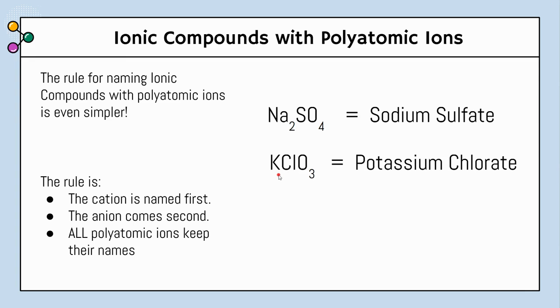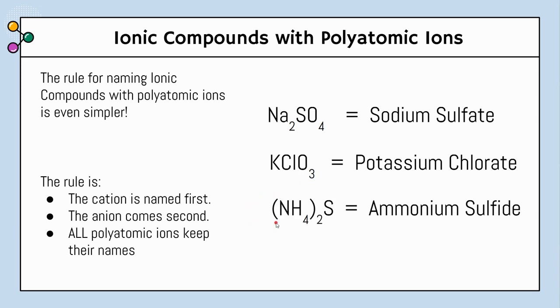Potassium, the positive K, and chlorate, the negative ClO3, forms potassium chlorate. And ammonium and sulfur, the positive ammonium comes first and keeps its name, the polyatomic. And sulfur, because it's second and because it's a simple anion, it does change to ide. If it was a polyatomic, it would not. And that is how you name ionic compounds.